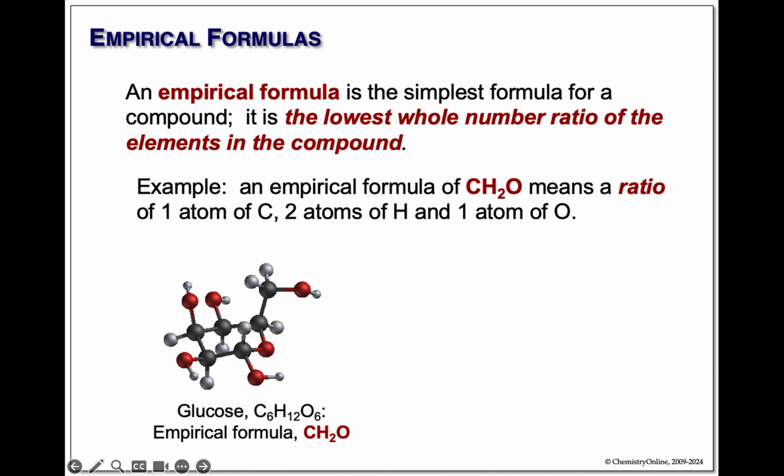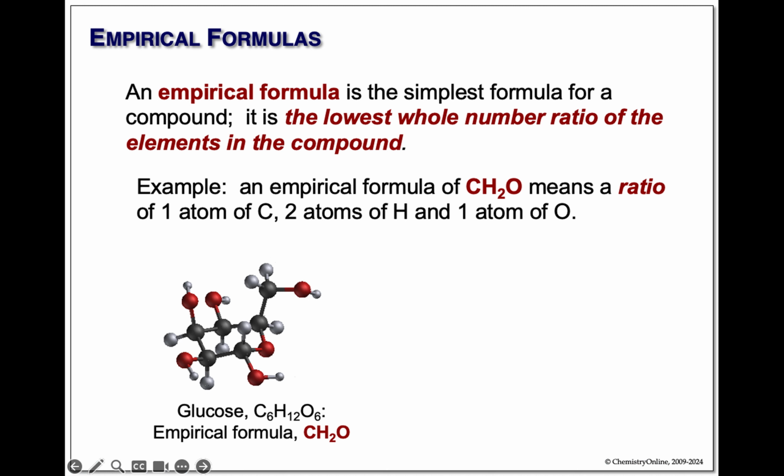We have 12 hydrogens, the little gray things, and we have 6 reds, the oxygens. The lowest whole number ratio. You look at this, decide which one is the smallest. That's a 6. So 6 divided by 6 is 1. 12 divided by 6 is 2. And 6 over 6 is 1 again. CH2O is the empirical formula. Lowest whole number ratio of elements.